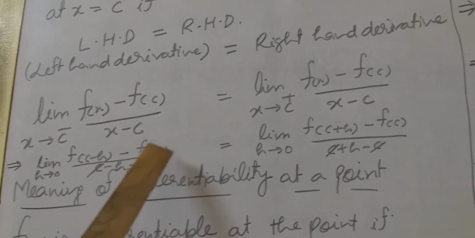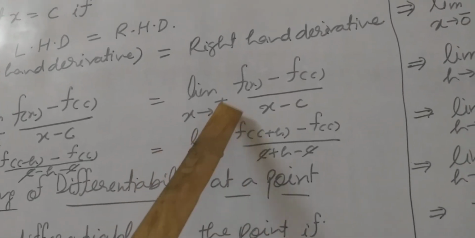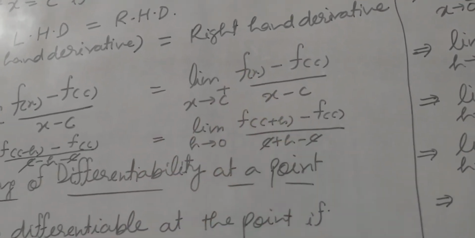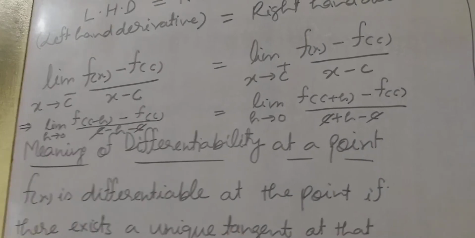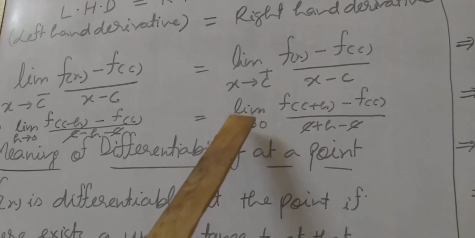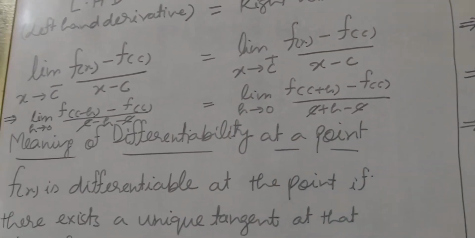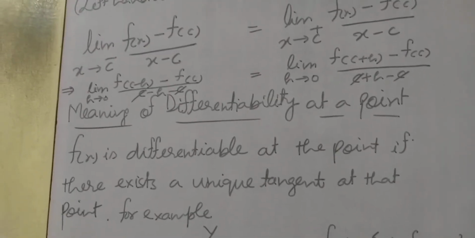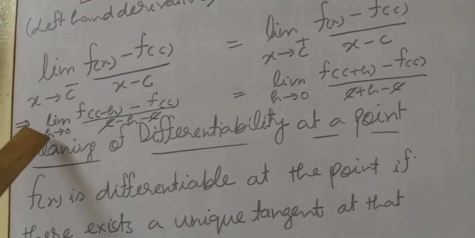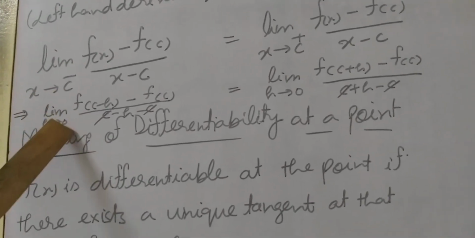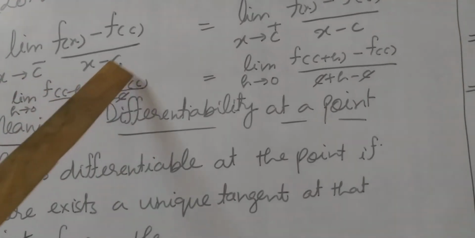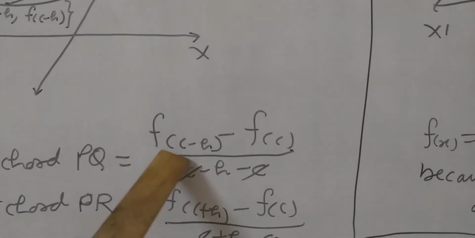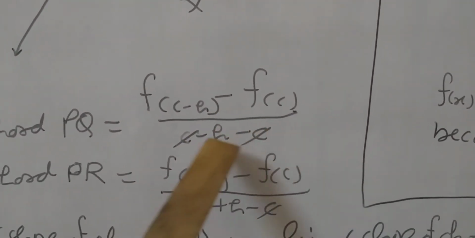Okay, and in the right hand derivative I have written c plus h in place of x. Correct, student, f(c plus h) minus f(c) upon c plus h minus c. Okay students, now you can see here limit h tends to 0, f(c minus h) minus f(c) upon minus h.